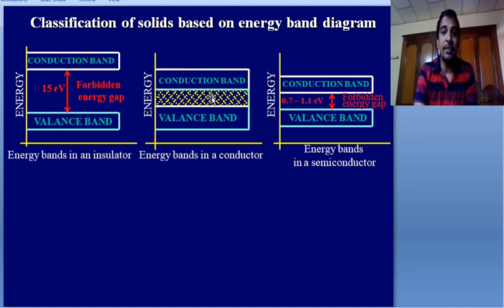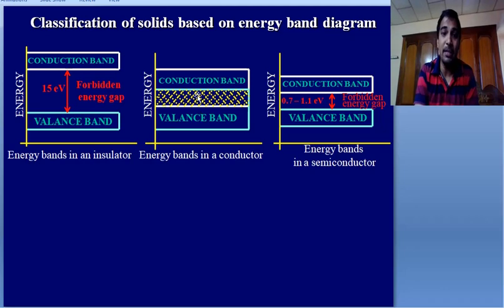Next, conductors. The beauty in a conductor is that even without applying voltage they randomly move in the material itself. See, here the valence band and conduction band are almost clubbed. Means electrons will entirely jump into the conduction band depending upon the temperature, the thermal energy.